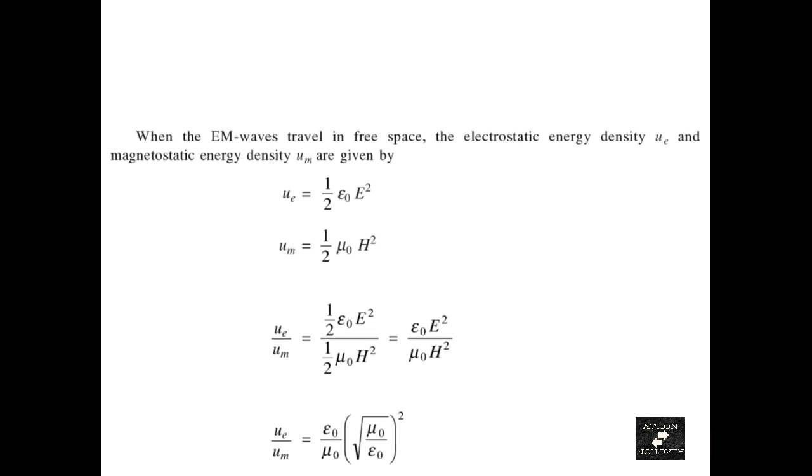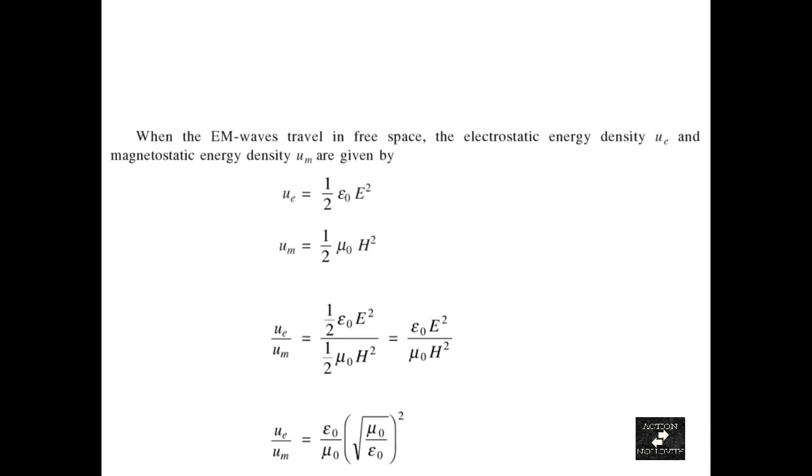We've already derived this in our previous sessions. The electrostatic energy density is given by half epsilon 0 E square, where E is the electric field. And the magnetostatic energy density is given by half mu naught H square, where H is the magnetic field vector.